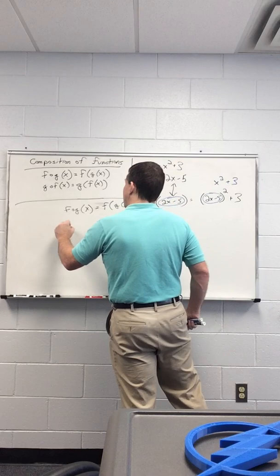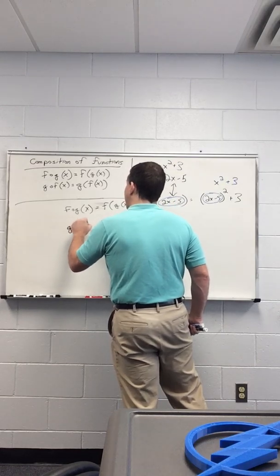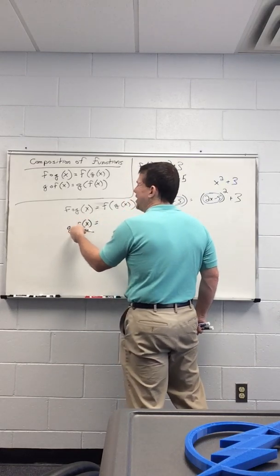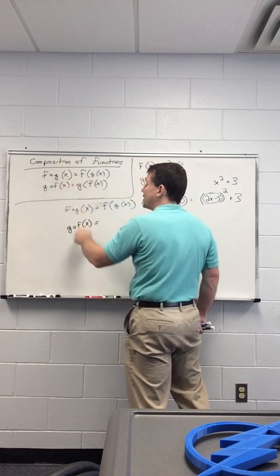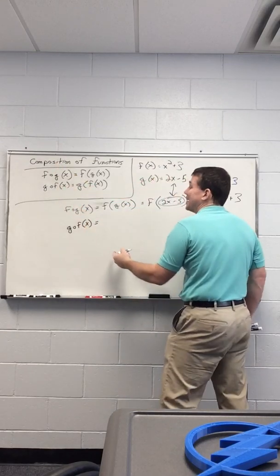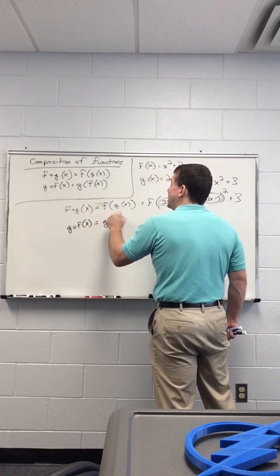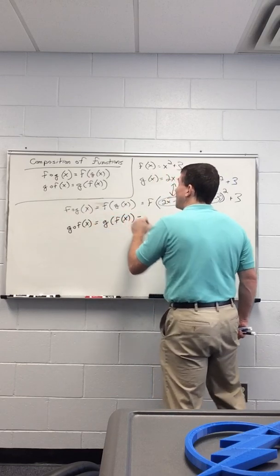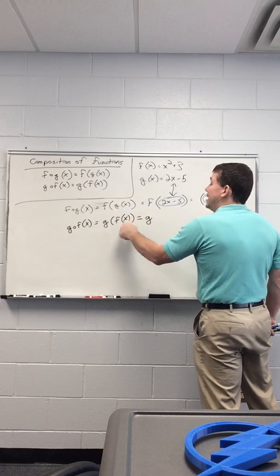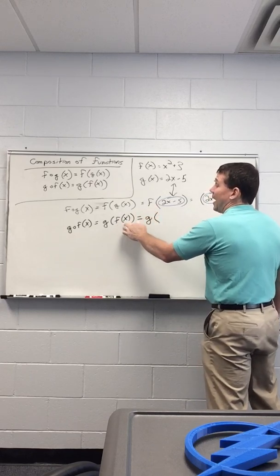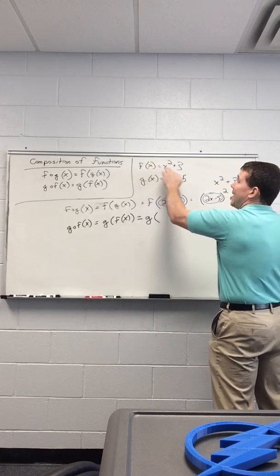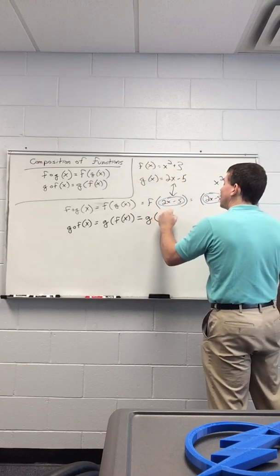But then, I can find g circle f of x. You can also say g composed with f, because it's a composition. I just like saying g circle f, because that's how we said it when I was in school. G circle f of x is g of f of x. Same thing. Now I start in the parentheses. I replace f of x with what f of x is, x squared plus 3.